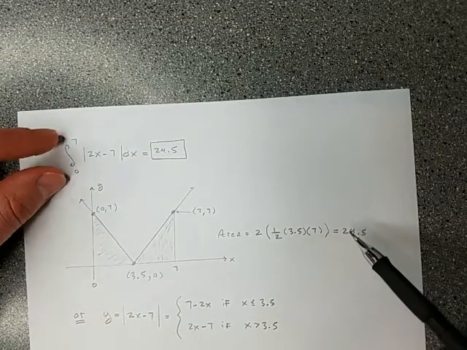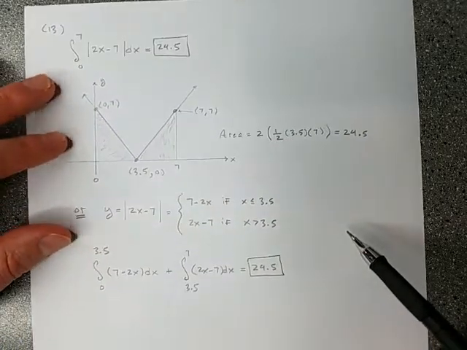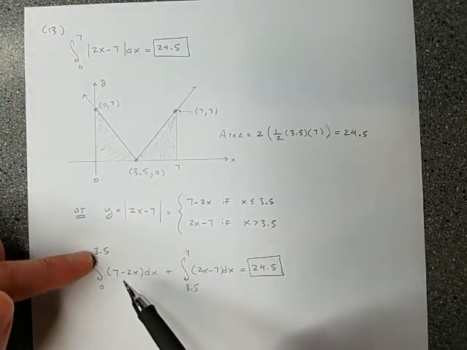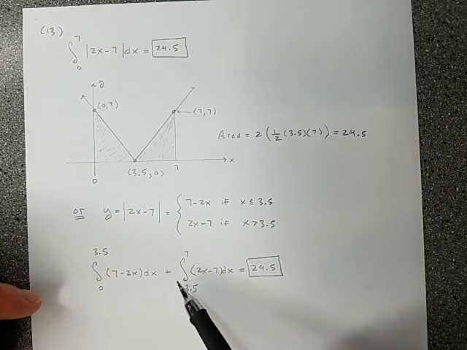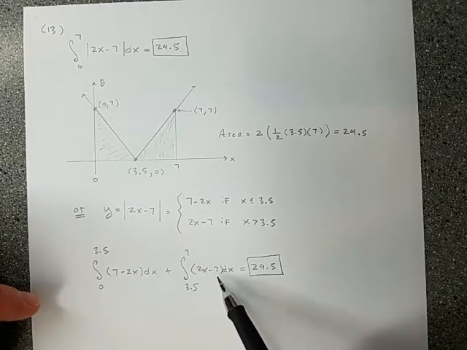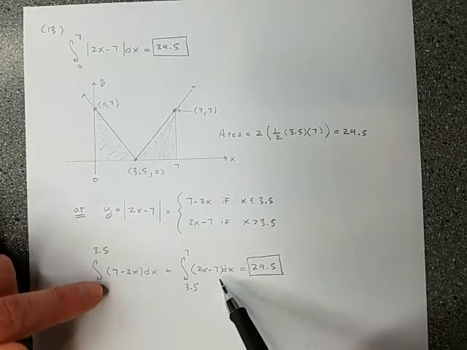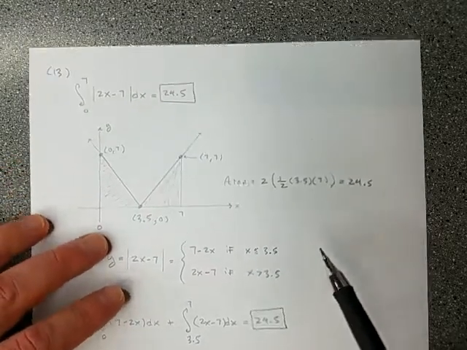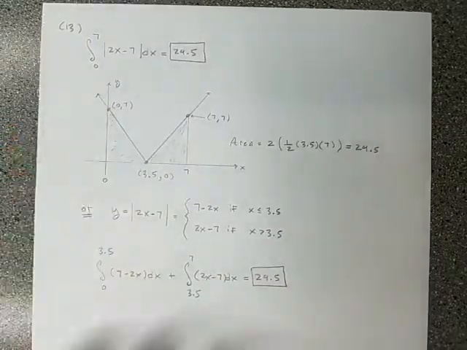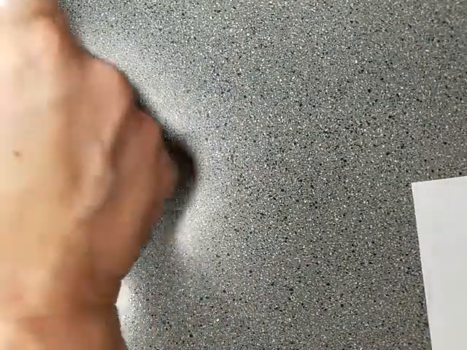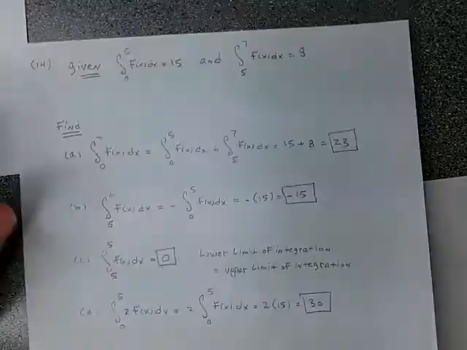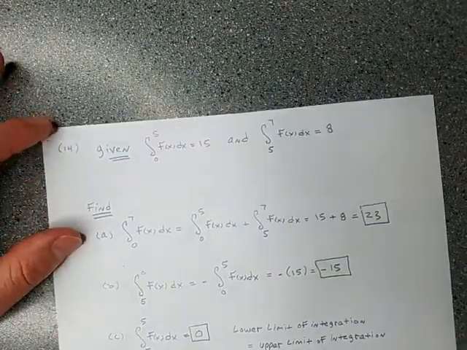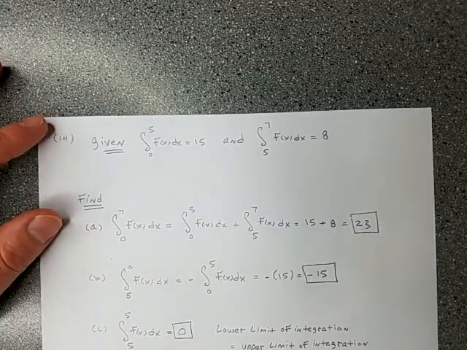So that integral from 0 to 7 is the integral from 0 to 3.5 of 7 minus 2x, plus the integral from 3.5 to 7 of 2x minus 7. Work both of those on their own, add them together, you still get 24.5. All right? Okay, so that's question 13. Question 14 involves some, you're forced to do this one by knowing some rules. There's really no other way.